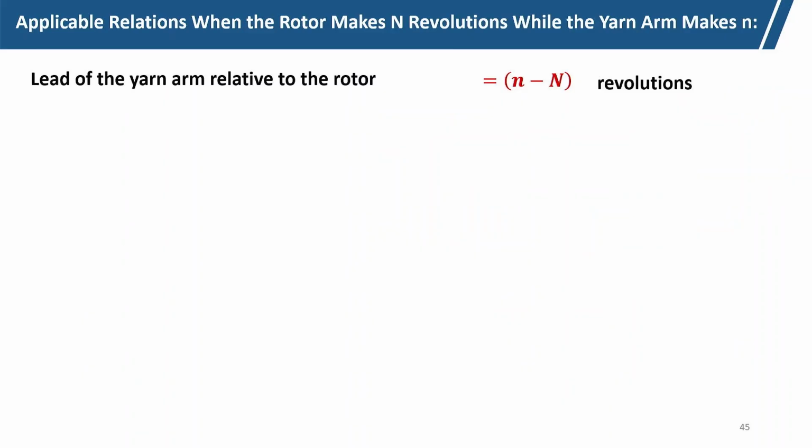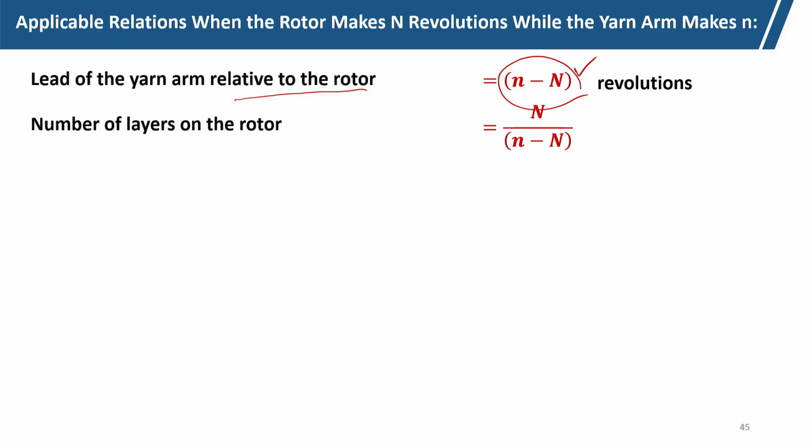Now, for the generalized case we can write that the lead of the yarn arm relative to the rotor is N minus n revolution, where small n is the yarn arm revolution and capital N is the rotor revolution. The number of layers on the rotor is N by N minus n.